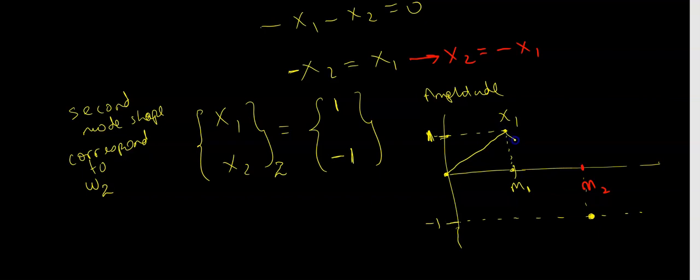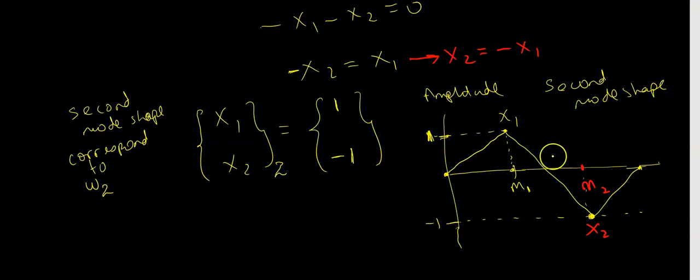And what does that minus 1 connect to? That minus 1 connects for x2, right? Then it goes back up to being a fixed position. And this is how the second mode shape looks. This is the second mode shape. This second mode shape moves from x1 equal to 1 to x2 is equal to minus 1 here.